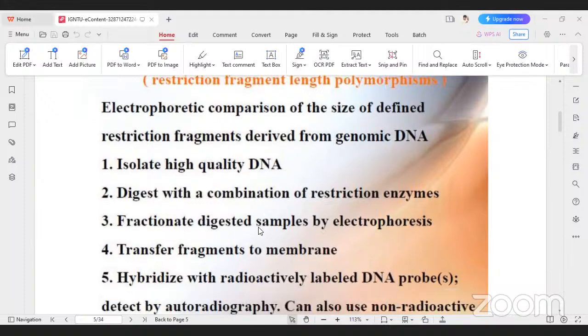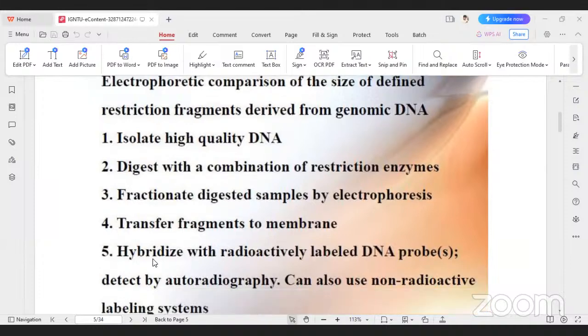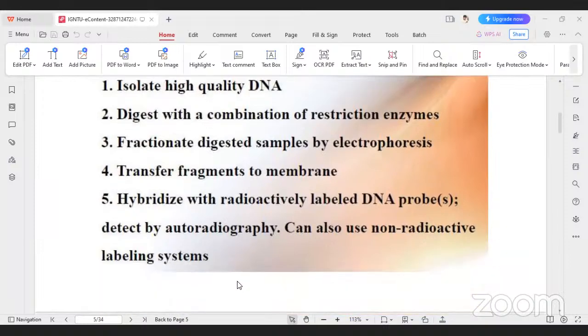Next, fractionate the digested sample by electrophoresis. I will explain electrophoresis later. Then transfer the fragments to a membrane, hybridize with a radioactively labeled DNA probe, and detect by autoradiography. A non-radioactive labeling system can also be used.